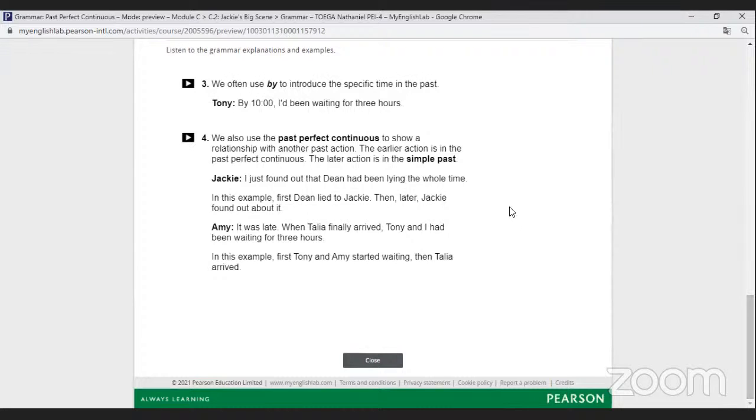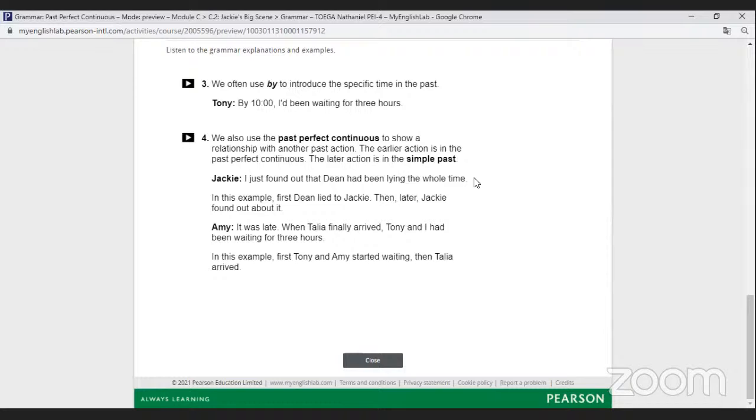Number four that you can see. We also use the past perfect continuous to show a relationship with another past action. The earlier action is in the past perfect continuous. The later action is in the simple past. Read the example, please. I just found out that Dean had been lying the whole time.